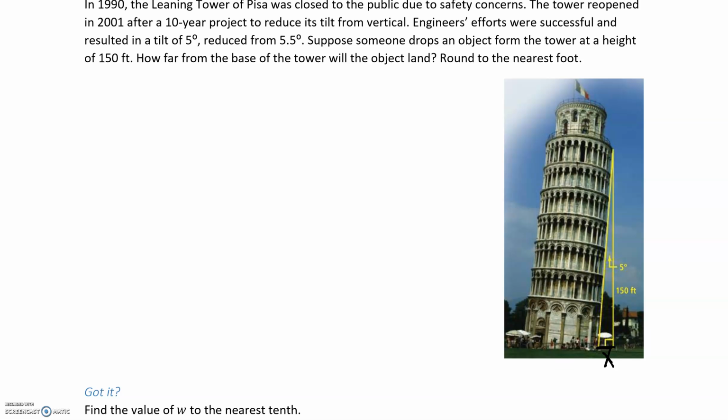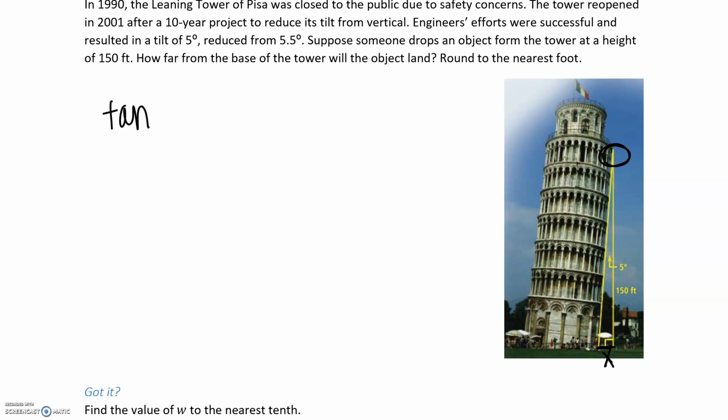Okay? So our angle is going to be this angle right here, which is going to be 5. And we want to know our opposite, and we have our adjacent side. What we're going to use is our tangent.